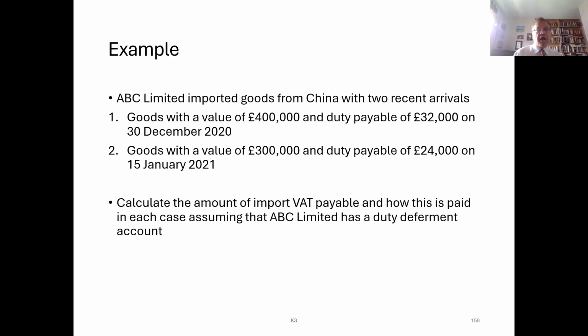Here's another example. ABC Limited imported goods from China with 2 recent arrivals: goods with a value of £400,000 and duty payable of £32,000 on the 30th of December 2020, and goods with a value of £300,000 and duty payable of £24,000 on the 15th of January 2021. Calculate the amount of import VAT payable and how this is paid, assuming you have a duty deferment account.